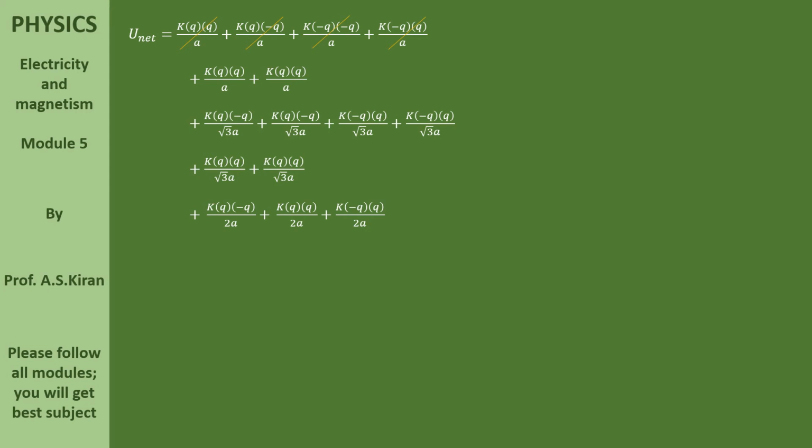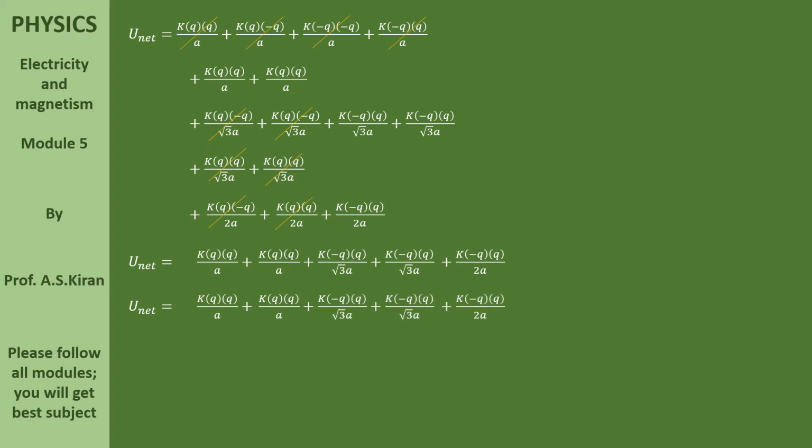In the third step, continuation. Now, KQ minus Q by root 3A and KQ by root 3A will get cancelled. KQ minus Q by 2A and KQ by 2A get cancelled. Finally, these are the terms left.